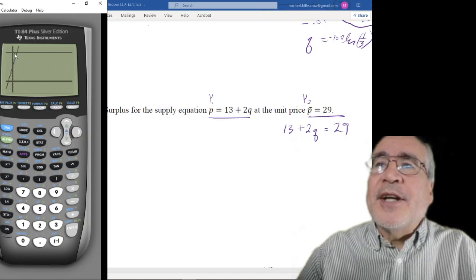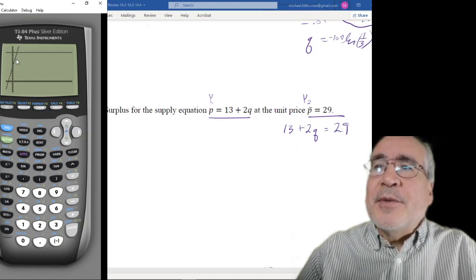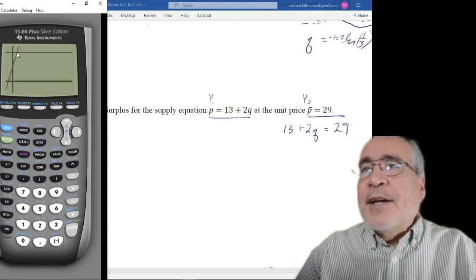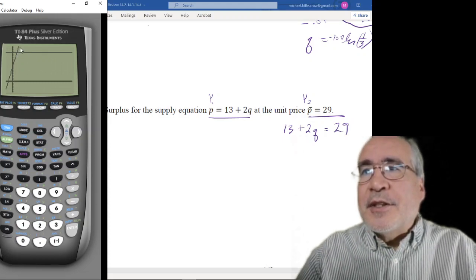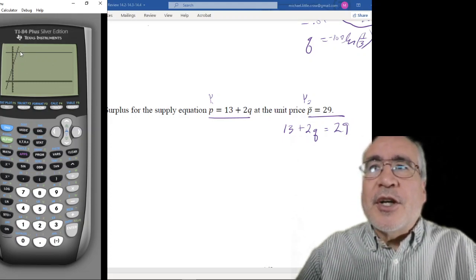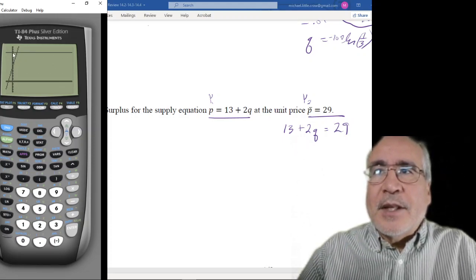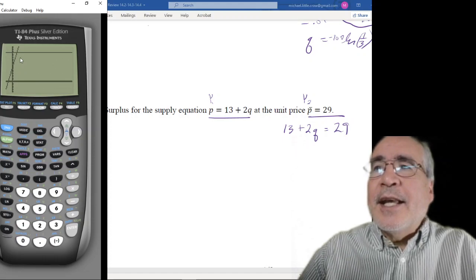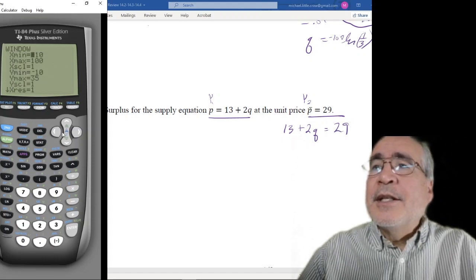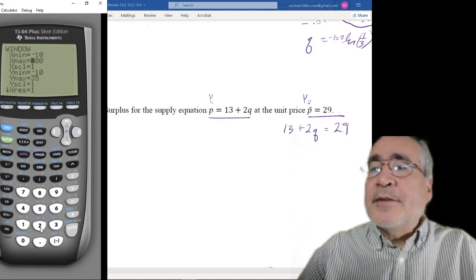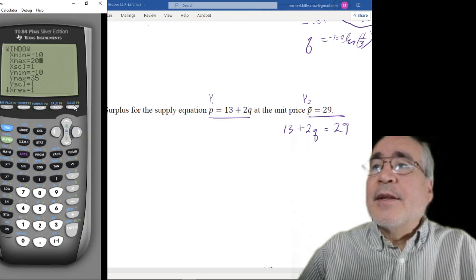So this little triangle here, below the 29, because past this point it looks like the producers want to be able to charge more. But in this little region, this would give them a surplus. Okay, so that's what we're looking at. And since I went to 100, I think I could probably go to 20, maybe even less.